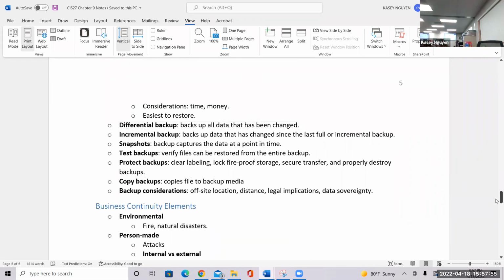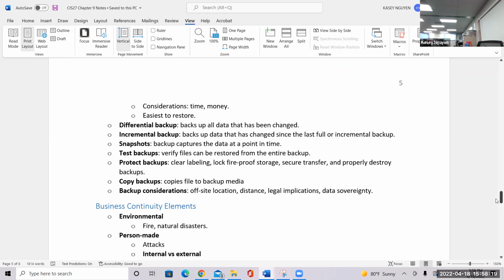Okay, so what's the difference between differential and incremental? This exists in the CompTIA A+ certification and also in this security class. Differential backs up all the data that has been changed. So we talked about having a full on Sunday and then a differential on Monday. Whatever's changed on Monday is going to be in the differential backup.